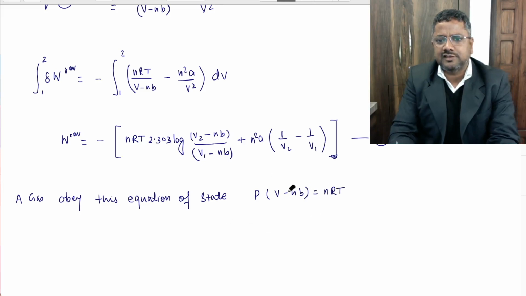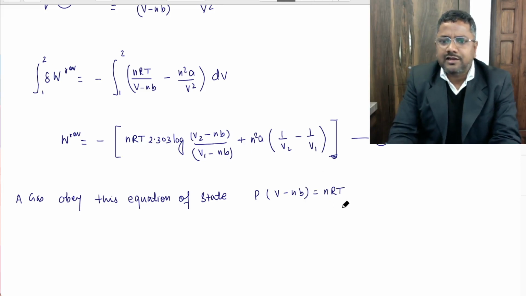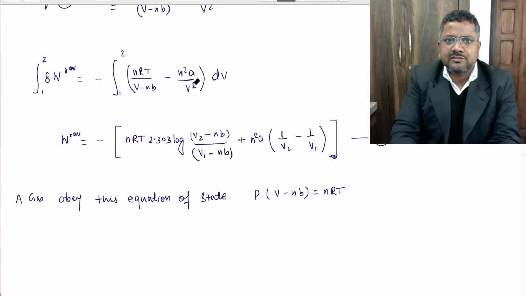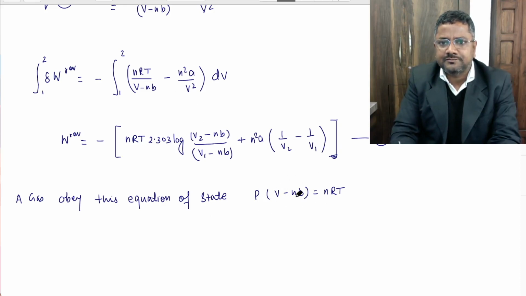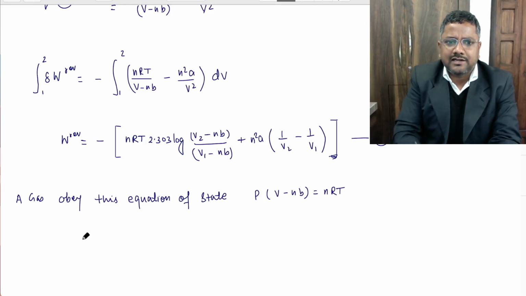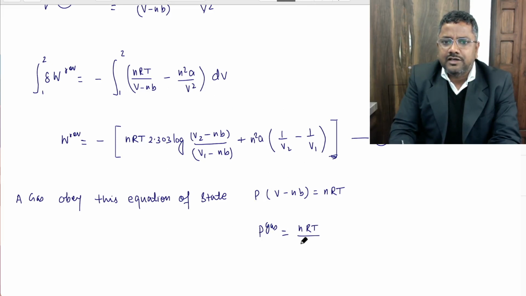Evaluate the work. So this term is there, but the n²a by V² term is not there. So eliminate that term from the equation, and you will get the formula. Now you can convert this for P gas: P gas is equal to nRT by (V − nb), right?